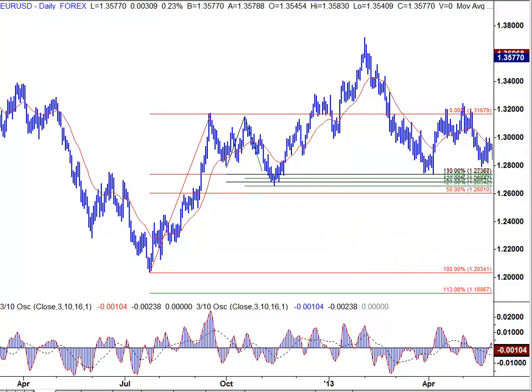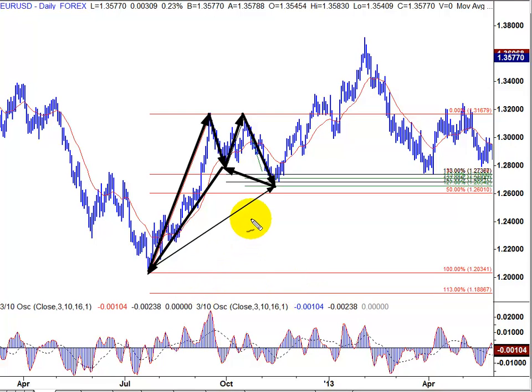So when you're looking at the market, you're taking your low, and you're identifying a spot where support can come in.